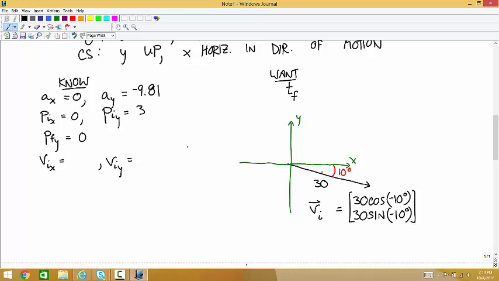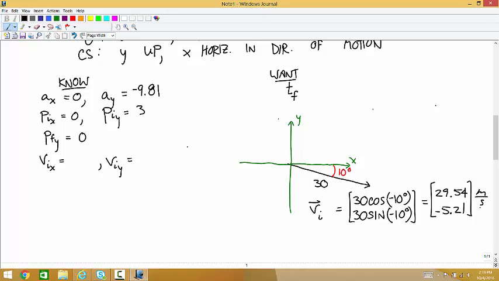Sure. Can someone calculate those for me? 29.54. Then you did 30 times that. Yeah, okay. And then what's the other one? Negative 5.21.